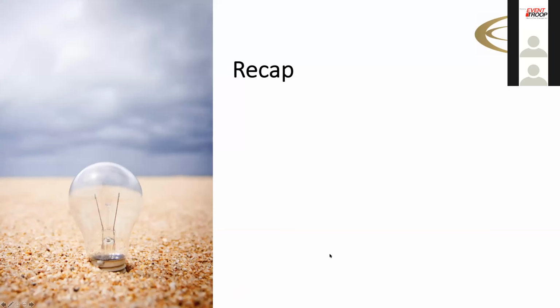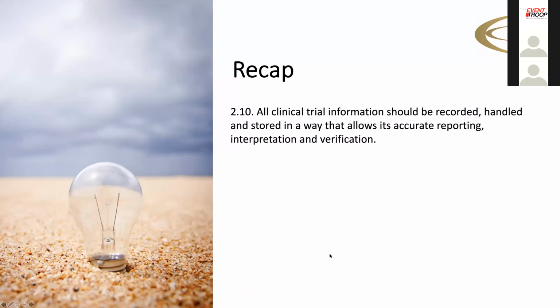So before we go any further, I shall do a little bit of a recap from yesterday and the day before yesterday. If we go back to day one and going back to the principles of good clinical practice, principle number 2.10 stated that all clinical trial information should be recorded, handled, and stored in a way that allows its accurate reporting, interpretation, and verification.